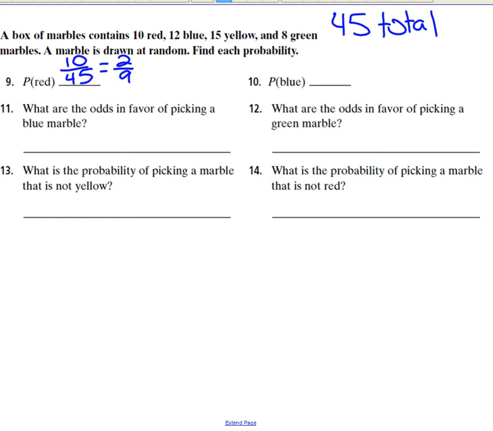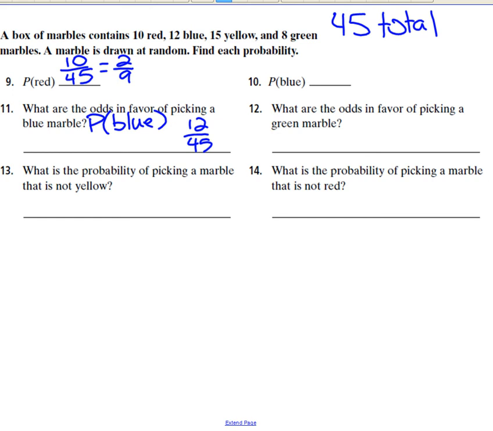Okay? If we look at number 11, it just writes it in words. What are the odds in favor of picking a blue marble? What does that mean we're looking for? We're looking for the probability of what? Of blue. So how many blues are there? 12 out of 45, we can simplify that. You always simplify it.